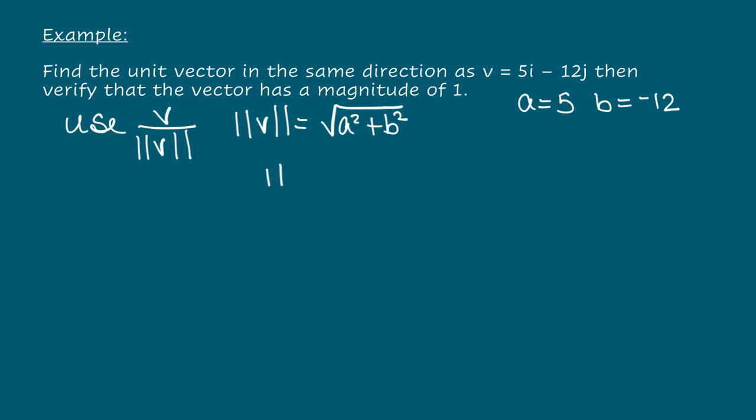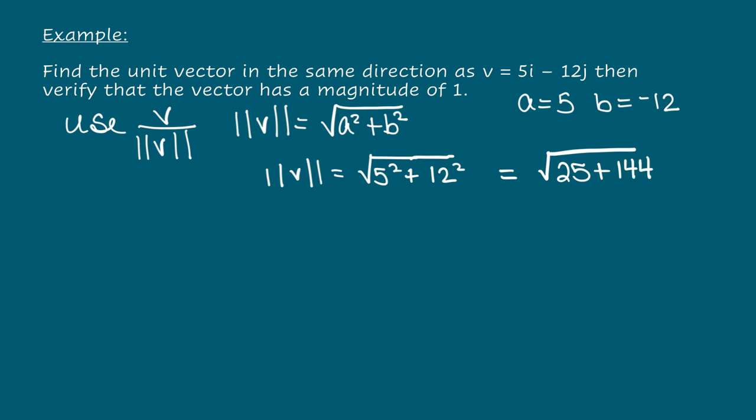So our magnitude is going to be equal to the square root of 5 squared plus 12 squared, which is going to equal the square root of 25 plus 144, which equals the square root of 169, which is 13.